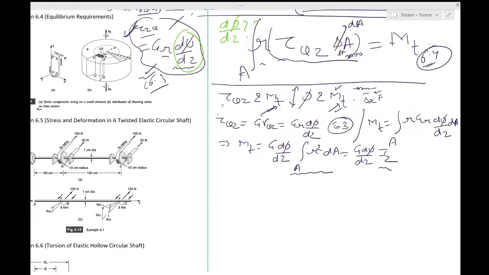Now if you want to calculate this value for a shaft of radius r0, diameter d, we can do the integration and get that Iz is equal to pi r0 to the power 4 by 2, which is pi d to the power 4 by 32.